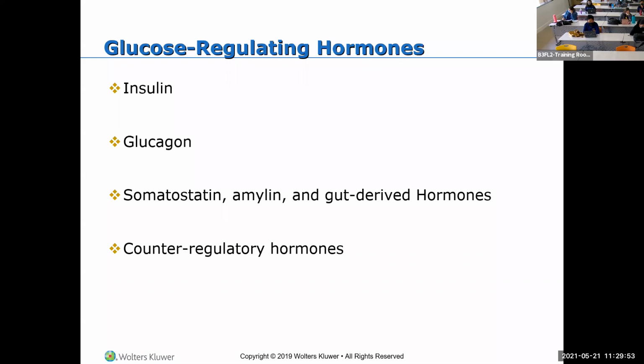You can open the textbook and see these hormones there. All those counter-regulatory hormones raise my blood sugar, along with glucagon. Glucagon raises my blood sugar. Insulin lowers my blood sugar. Okay.